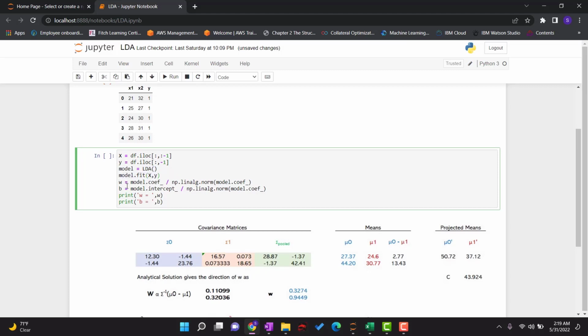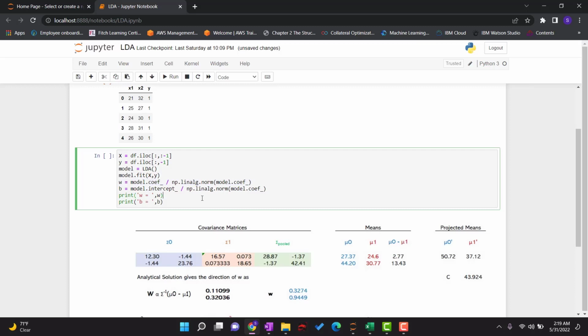So here what I'm doing is W is equal to model.coef_. This is what we have done so far, right? But it might give us a scaled version of W, exactly how we saw in the Excel, right? So the direction of W is what is important. So what I'm doing is get the model coefficients and then normalize it.